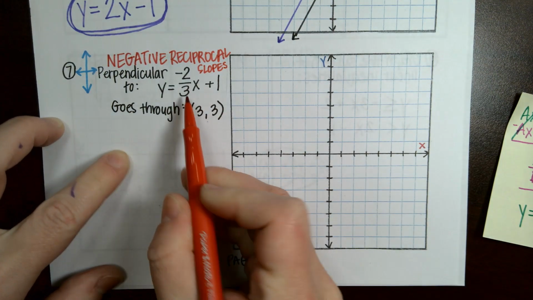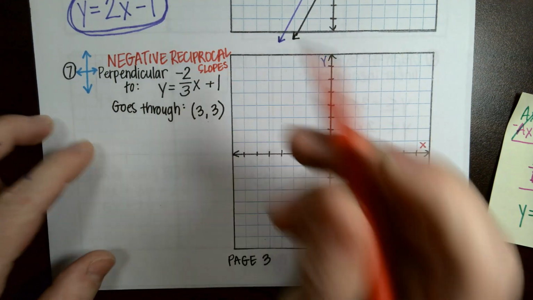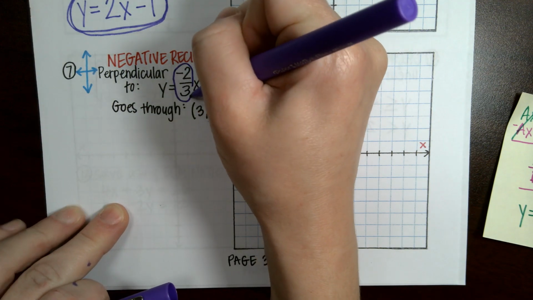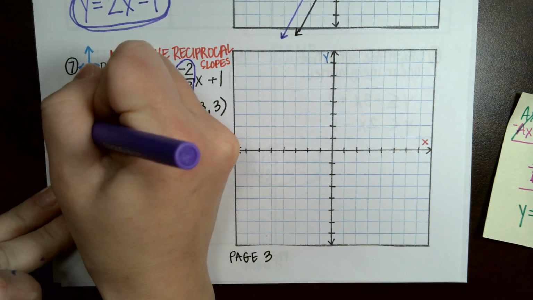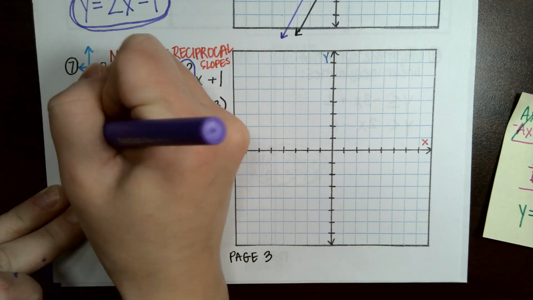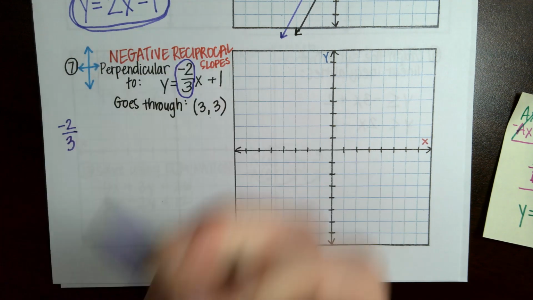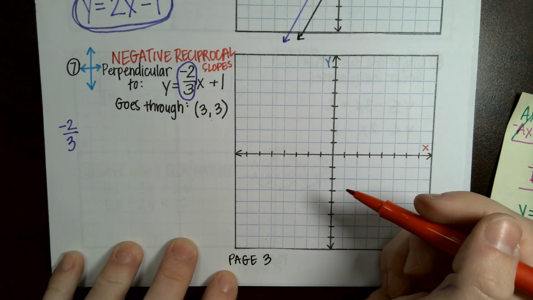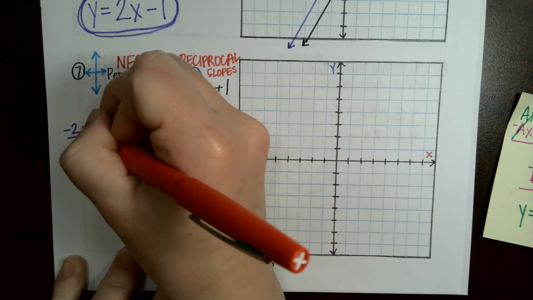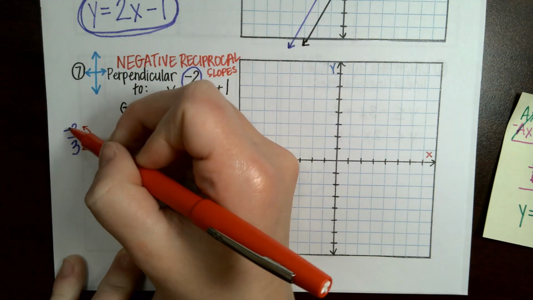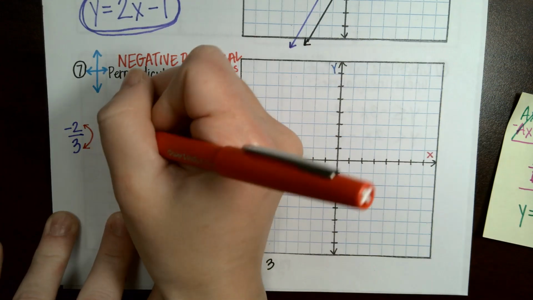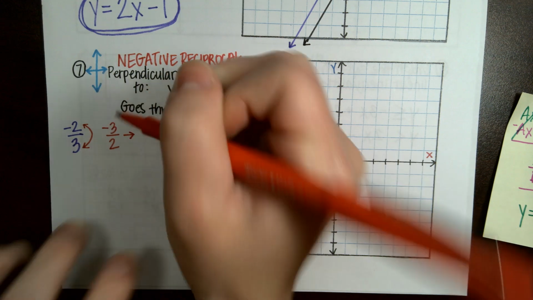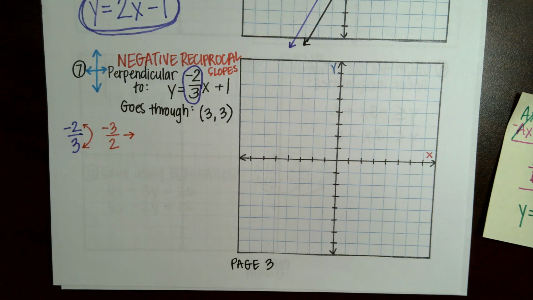So all you do to find a negative reciprocal is you take your original slope. So negative 2 over 3. And remind me, guys, what am I going to do with that to make it the negative reciprocal? 3 over 2. Yep, I'm going to flip them upside down and change the sign. So change it to positive 3 over 2.